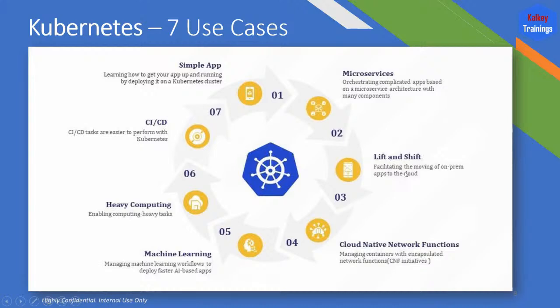You have to have a facility of moving on-premise applications to the cloud with the least effort. Cloud Native Network Functions. This is a very important part, because all the networking functions are governed by this. Machine learning, heavy computing, CI, continuous integration, continuous delivery. All these 7 compulsions of the industry have pushed the industry into adopting Kubernetes.